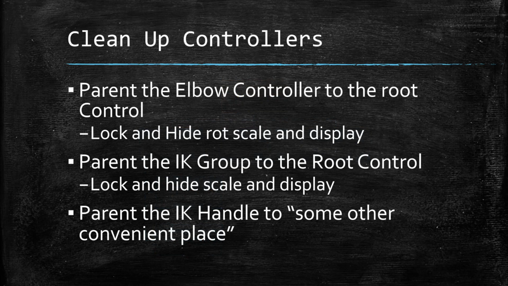What we're going to do is parent the elbow controller, that's the pole vector control, to the root control. Then we're going to lock and hide its scale and its display. Then we're going to parent the IK group also to the root control, and lock and hide the scale on those. And finally, we're going to parent the IK handle to some other convenient place, most probably where the accessories will go.